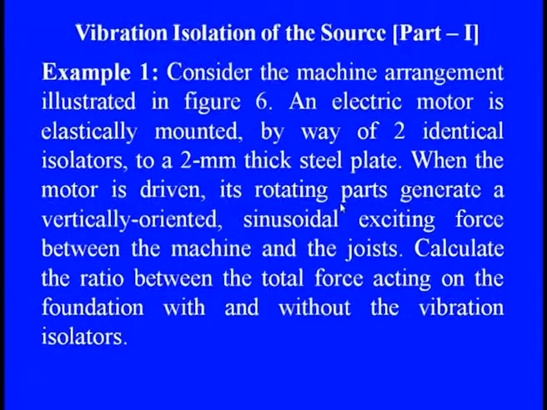When the motor is driven, its rotating parts generate vertically oriented sinusoidal excitation forces between the machine and the foundation on which the machine is settled. We need to find the ratio between the total force acting on the foundation when we have the isolators, and in the other case when we do not have any isolator in between.